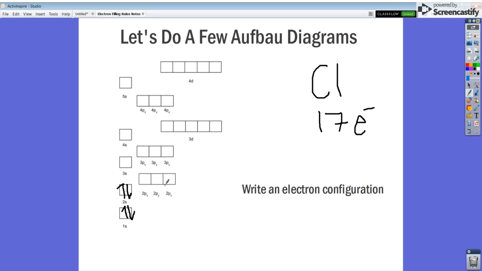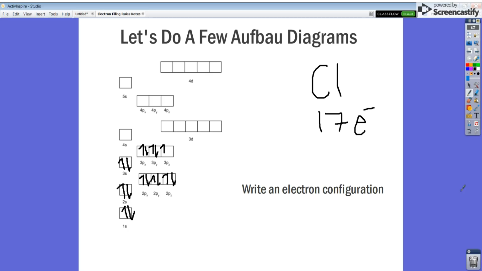Even though I know I'm going to fill this, I'm still going to fill it following Hund's rule. 5, 6, 7, 8, 9, 10, 11, 12, 13, 14, 15, 16, 17. So that's the Aufbau diagram for chlorine.